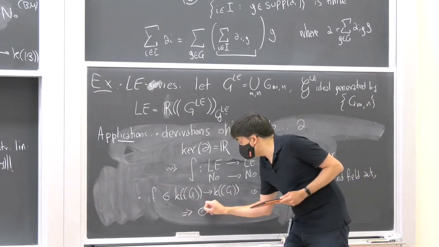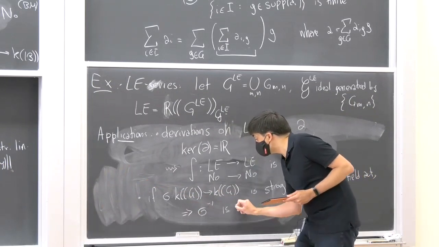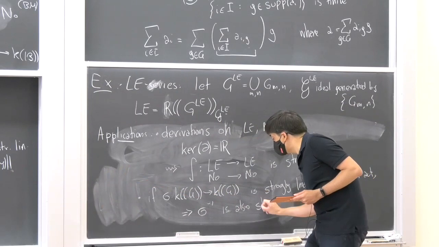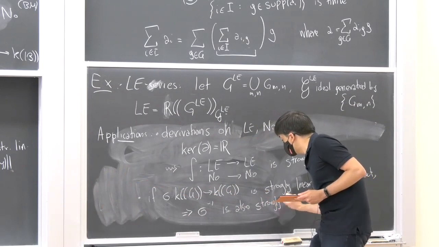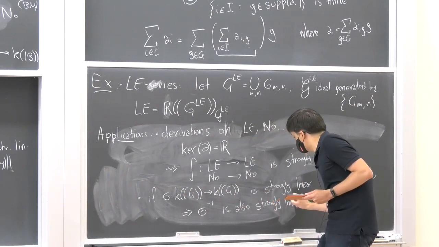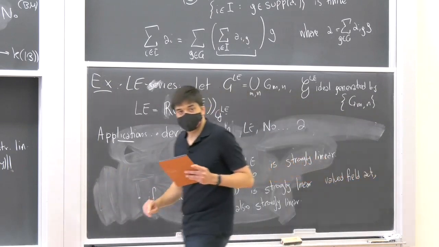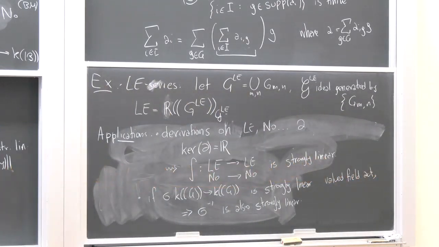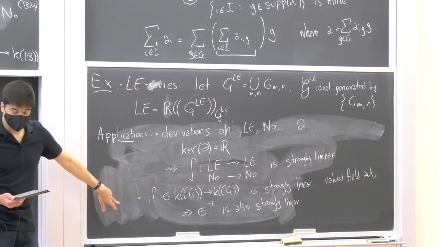Then the inverse is also strongly linear. So I understand when in his talk he was saying I take the group of strongly linear automorphisms, and he was saying strongly linear both sigma and the inverse. Actually, the inverse comes out of 3, at least in this setting.